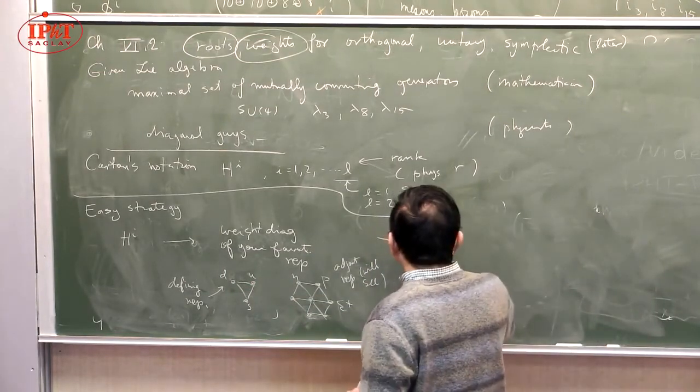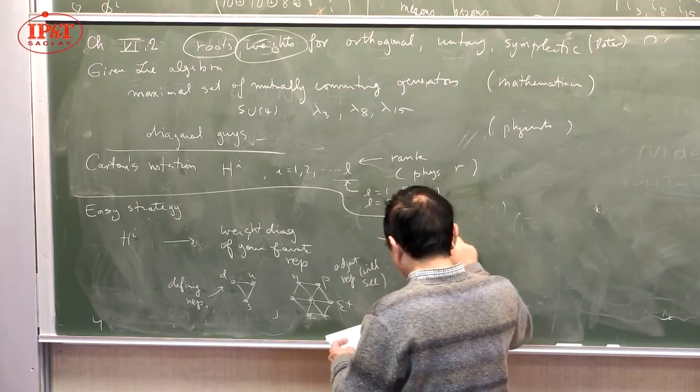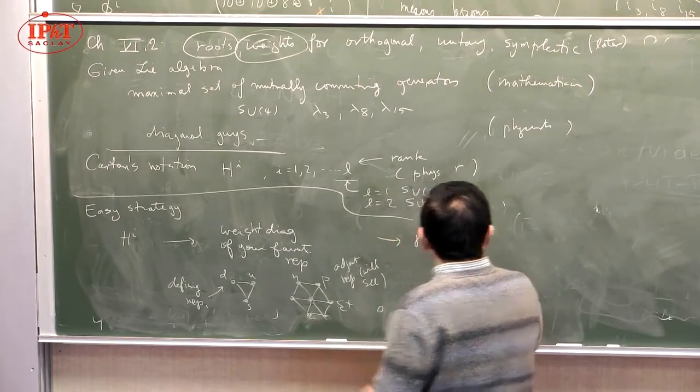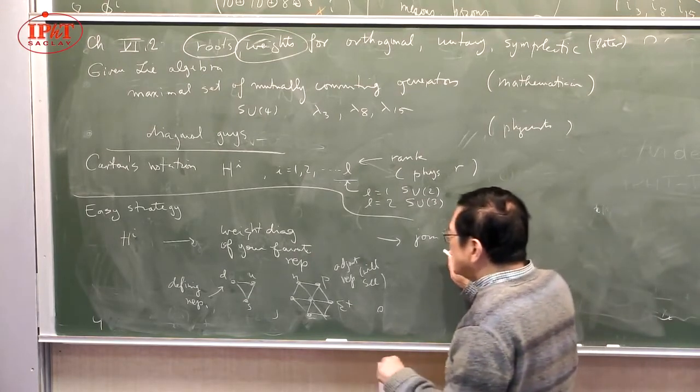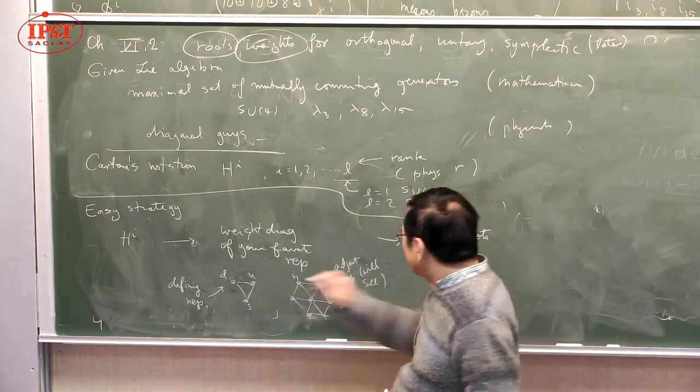And then you join the dots, like the children's game when you see many, many dots and so on. So join the dots to find the root vectors.